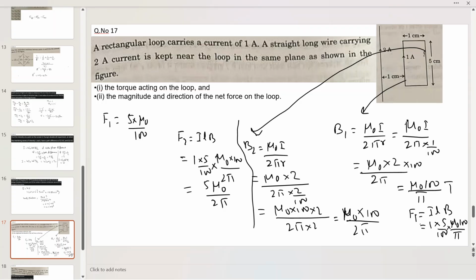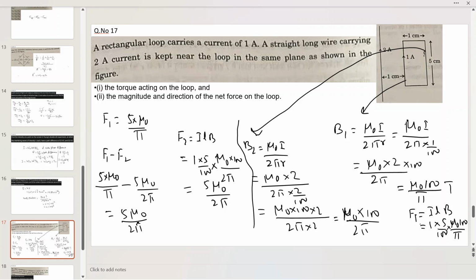So your net force will be F1 minus F2, that is 5 μ0 by pi minus 5 μ0 by 2 pi, so this comes out to be 5 μ0 by 2 pi.